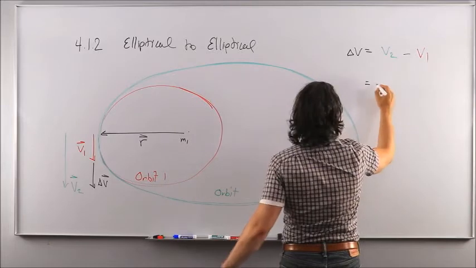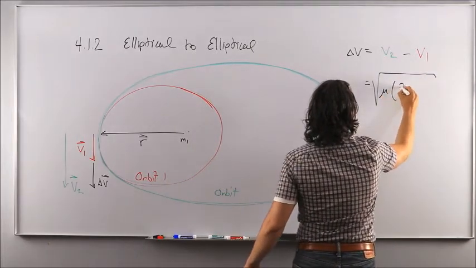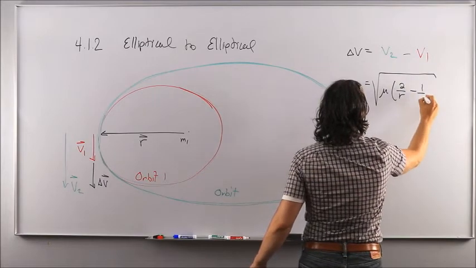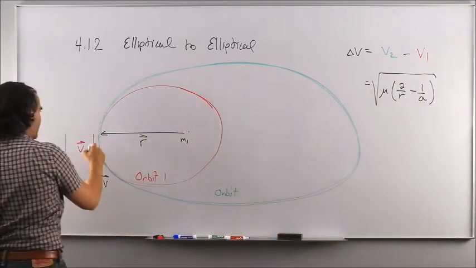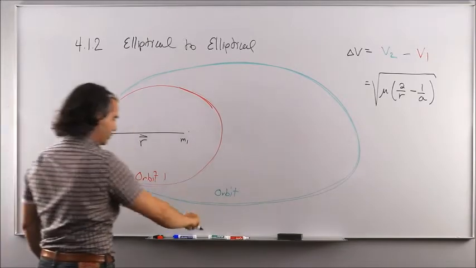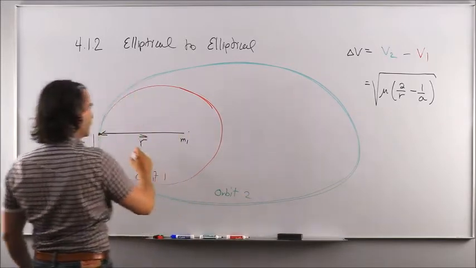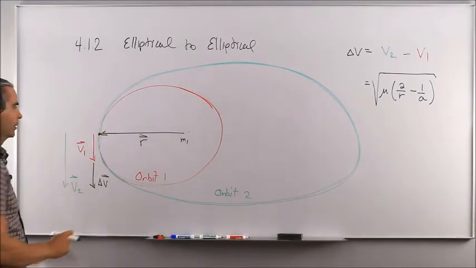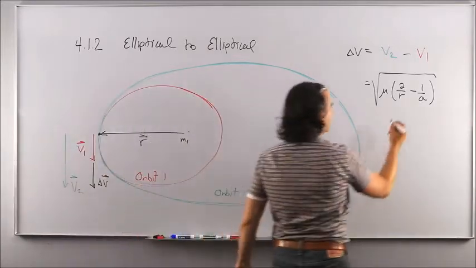This is an elliptical orbit, so I better use this vis-viva equation, square root of mu times 2 over r minus 1 over a, like that. Now, is the point of application, and I'm talking about orbit number 2, the apogee or the perigee of orbit number 2? Well, it turns out that this is the perigee of orbit number 2.